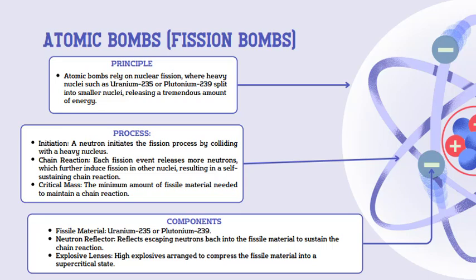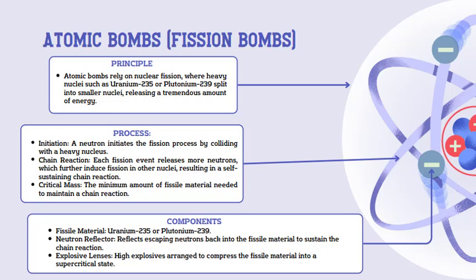For the initiation, a neutron initiates the fission process by colliding with a heavy nucleus. In the chain reaction, each fission event releases more neutrons, which further induce fission in other nuclei, resulting in a self-sustaining chain reaction. The minimum amount of fissile material needed to maintain a chain reaction is the critical mass.